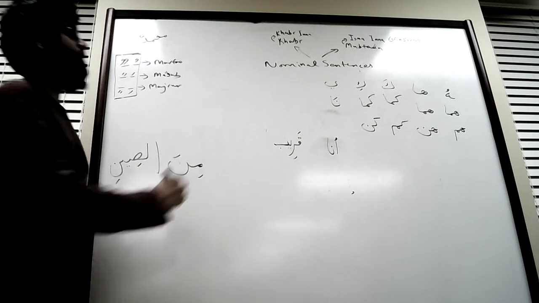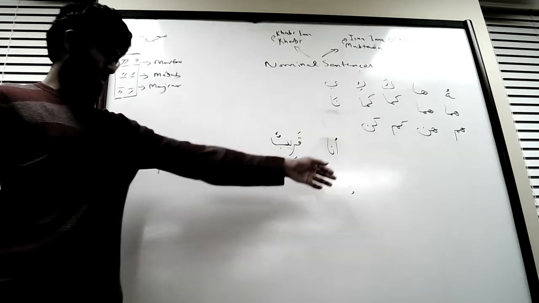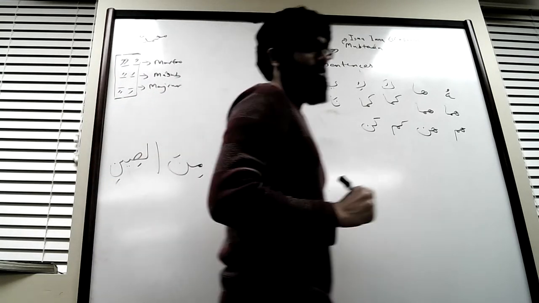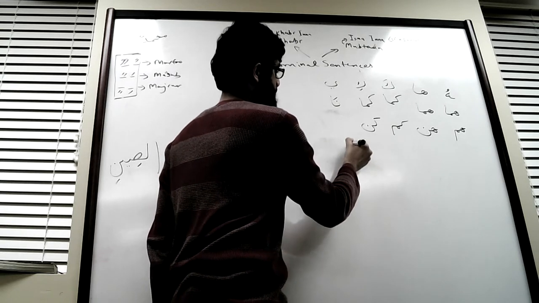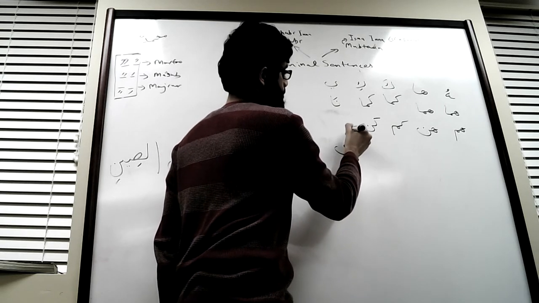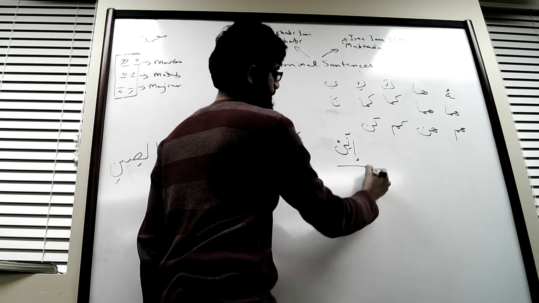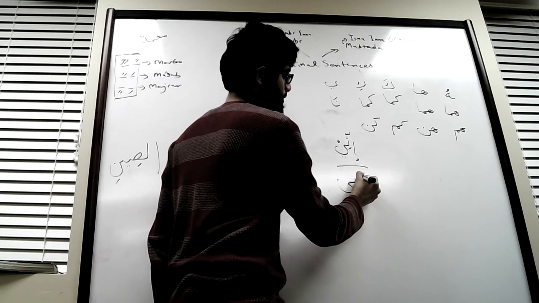All right. So what if I said ana qaribun? What if I want to put inna in front of it? Inni. There are two ways to say it. I can say inni with noon with a shadda, or I can say innani. The Quran uses both.